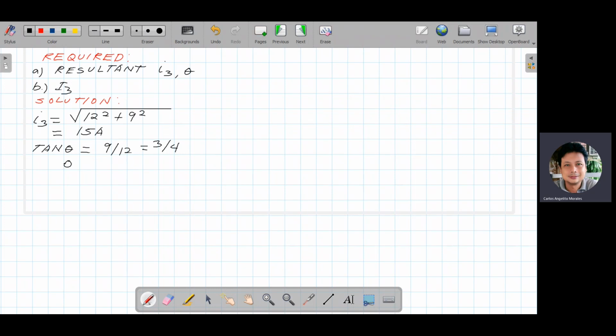Theta na lang dito, which is equal to arctangent of 3/4. Therefore, the phase angle will be 36.87 degrees. Let's use a red ink.